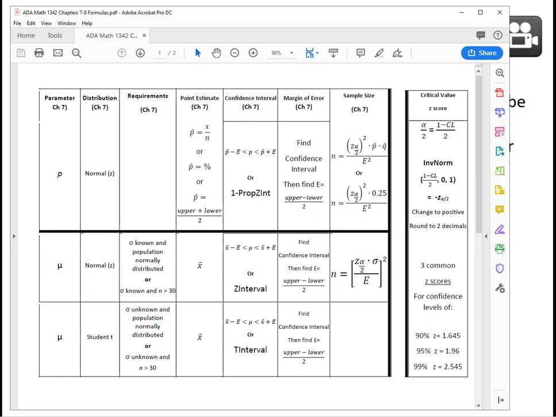And now that I don't have 90, 95, or 99%, I'm going to have to use the calculator in order to find my Z-score. And it tells me here that I'm going to use the inverse norm function, and my area is going to be 1 minus the confidence level divided by 2. My mean is going to be 0, and my standard deviation is going to be 1. Remember, we've talked before how your calculator is going to give you a negative number, and our critical value, we're just going to change that negative to a positive.